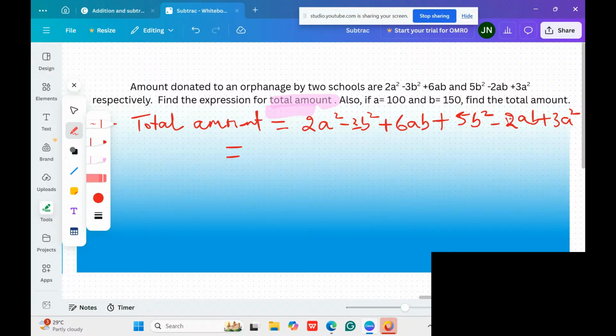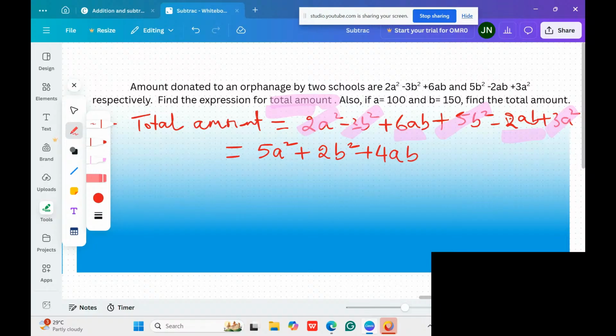Just combine the terms, it becomes very easy. 2a square here, and there it's plus 3a square, so 5a square. Then negative 3b square, positive 5b square, is positive 2b square. Then plus 6ab, and negative 2ab positive... negative 4 negative 2ab is plus 4ab.